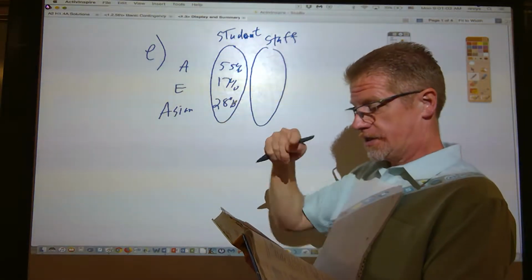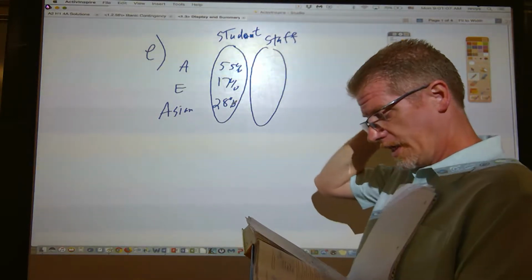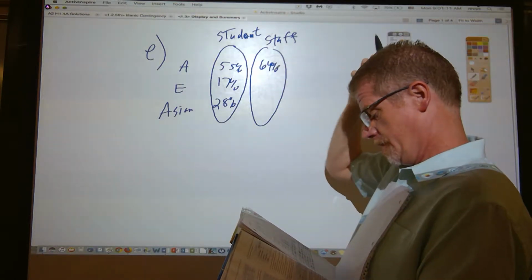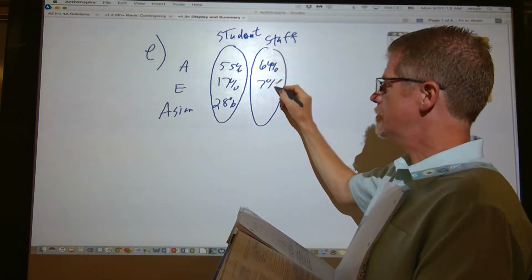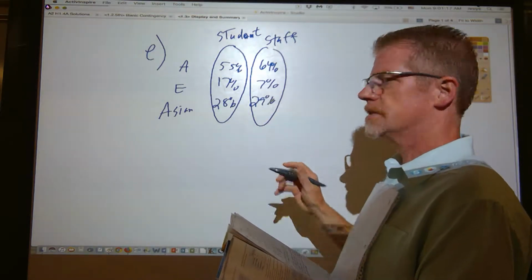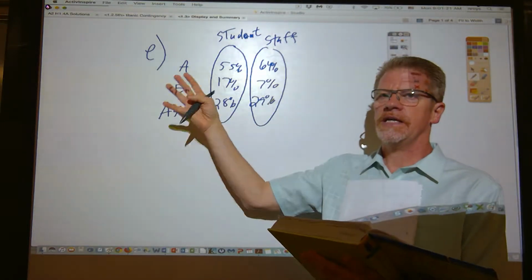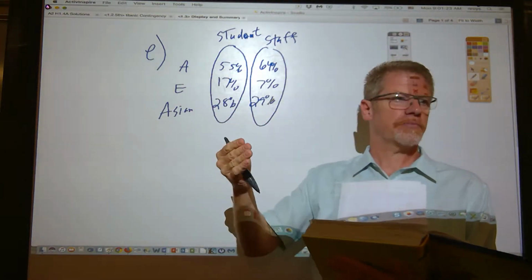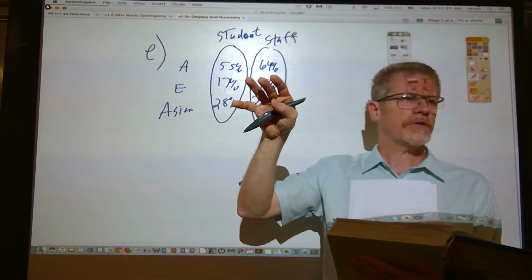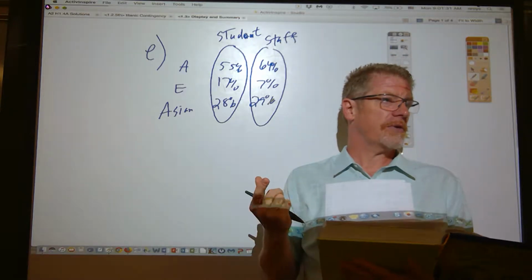But then this student wrote on his homework that for staff, it was American 64%, European 7%, and Asian 29%. Out of curiosity, how many of you remember doing letter E something like this? This is like the basic approach that you took to letter E. Okay, so for several of you, you did. If you didn't do it, that's what I was looking for. That's what I'm looking for in the homework.